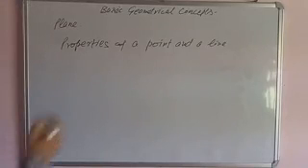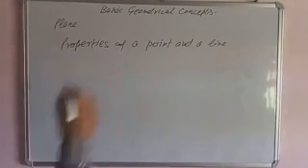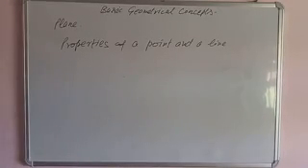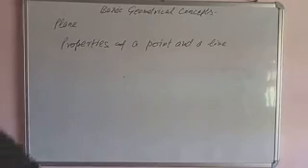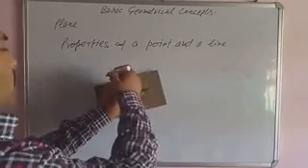The first property: take any point here. We have taken any point here. Now the question is, how many lines can we draw through this point? How many lines? Suppose this is a point.